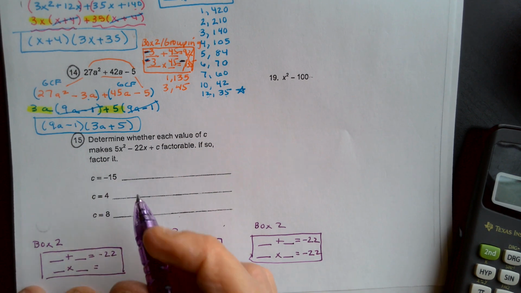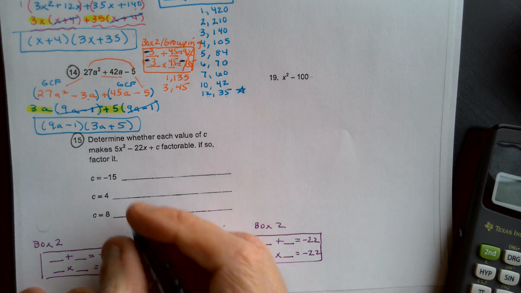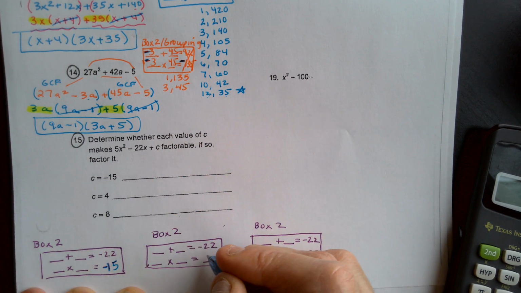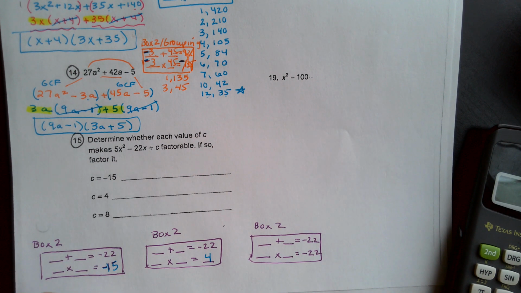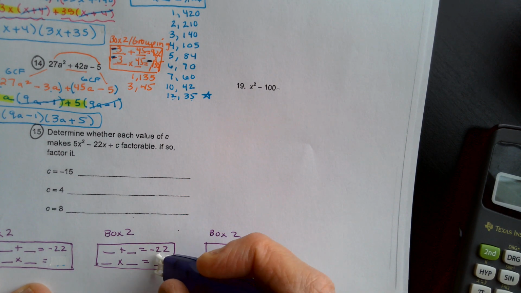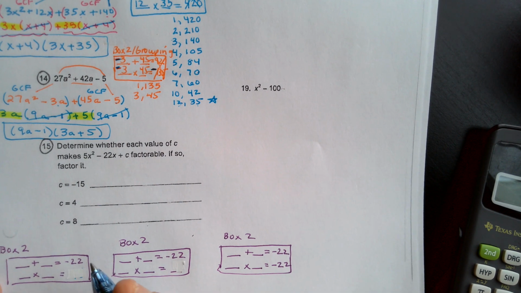They said, what if C is negative 15? Actually, I'll use a different one. Right here. What if C is negative 15? What if C is 4? Oh, wait a minute. Halt! That is incorrect. I'm jumping the gun here. Back it up. All right. Getting a little ahead of myself here.